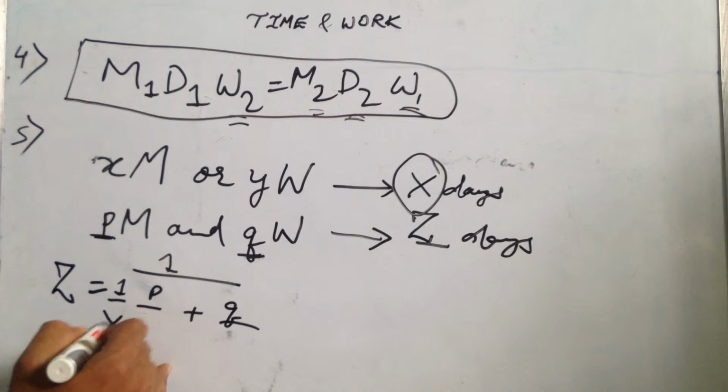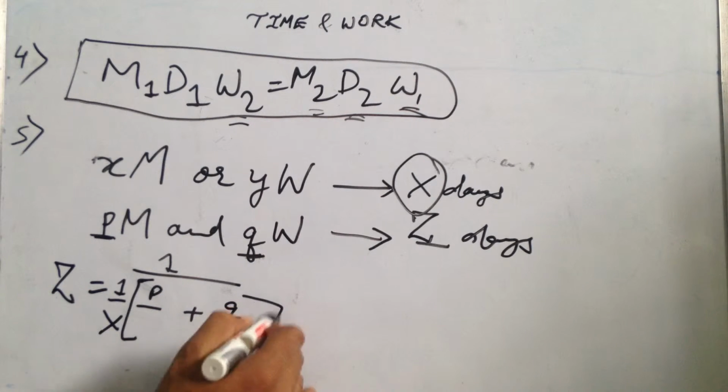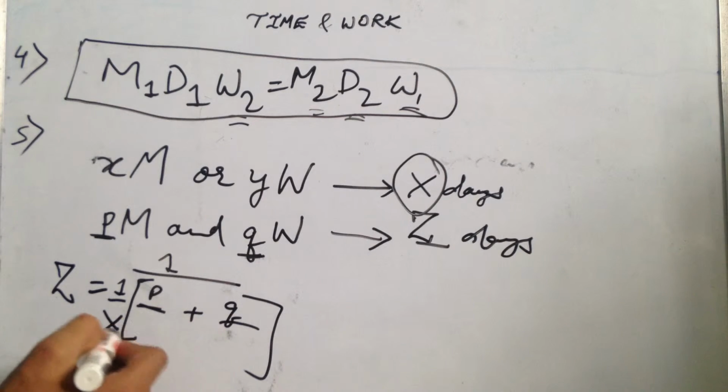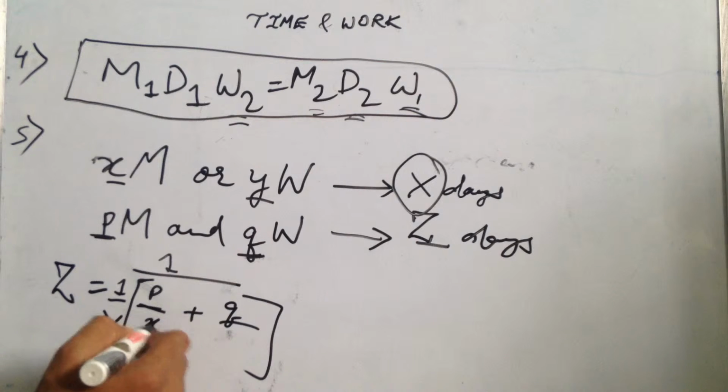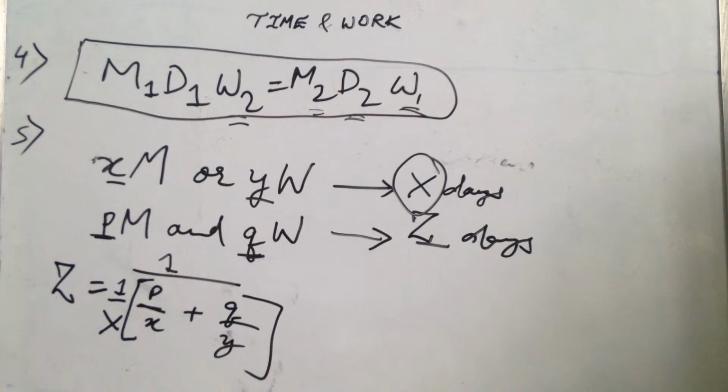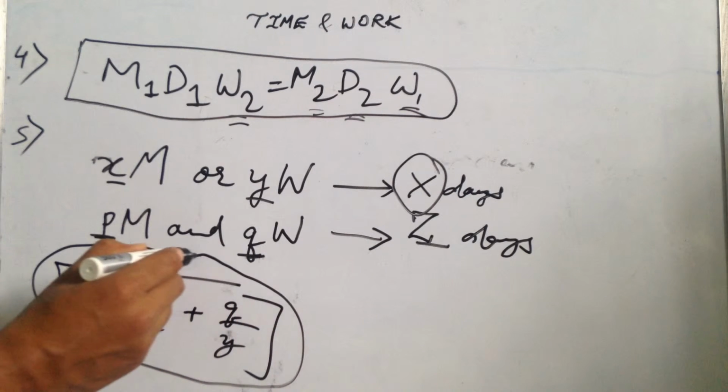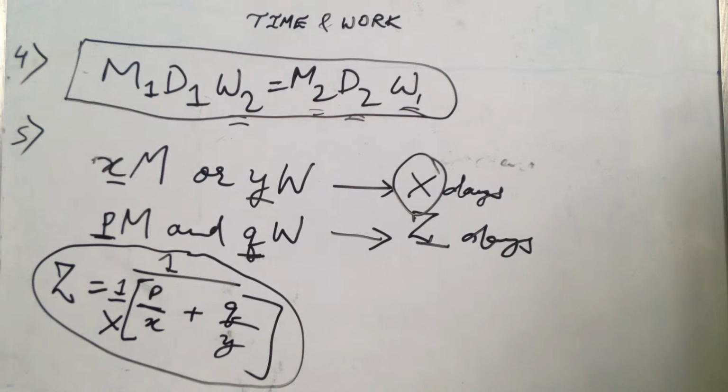So 1 by X, I'm taking it outside. And what is here? X, Y. So this formula will give you the number of days required by P men and Q women to finish a job.